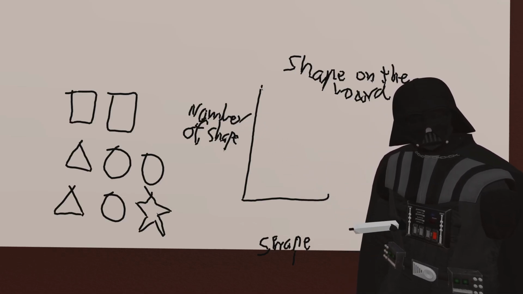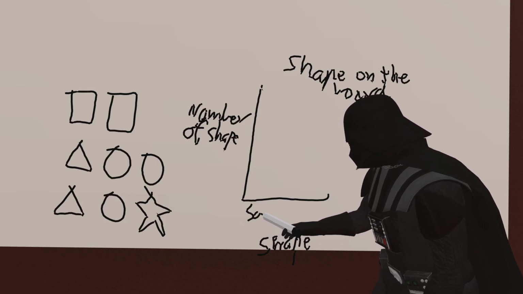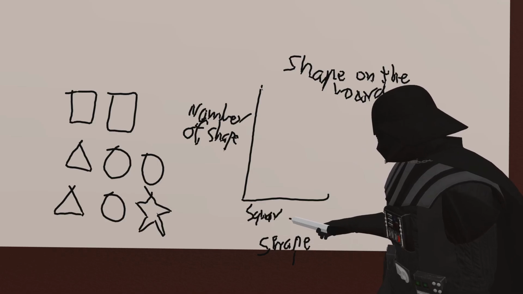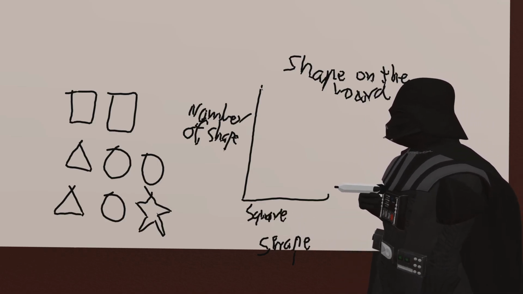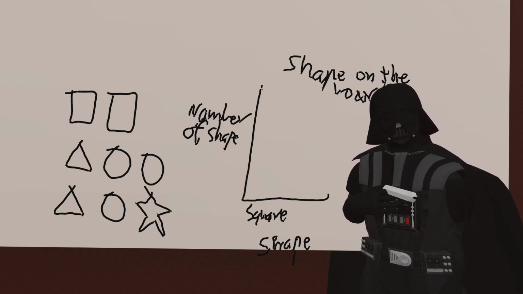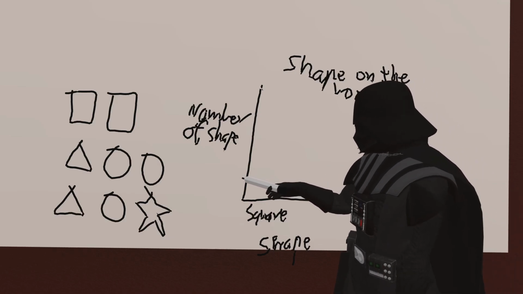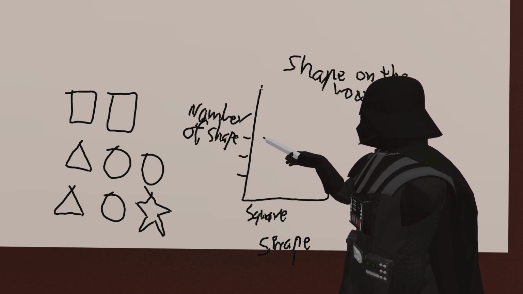So we've got some squares. So the first thing is going to be square. So how many squares do we have? We have 2. One thing you need to make sure you do when you're drawing a column graph is to make sure everything is evenly spaced. So let's make spacing roughly like this.